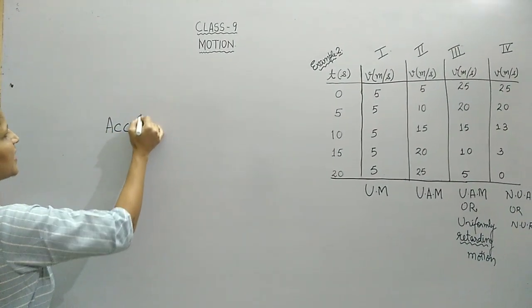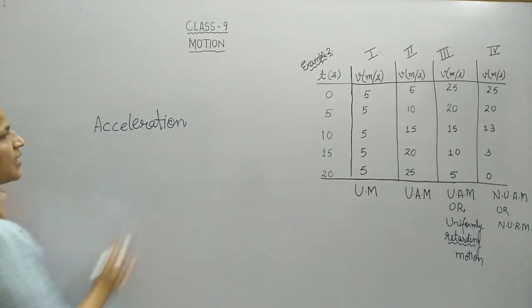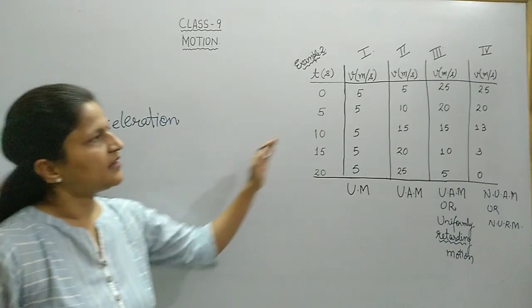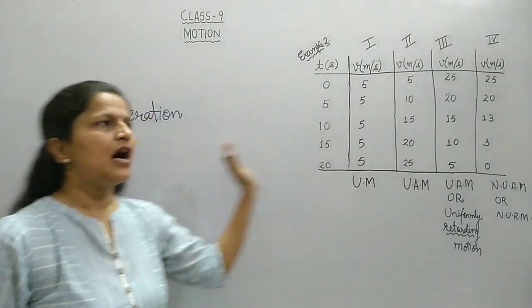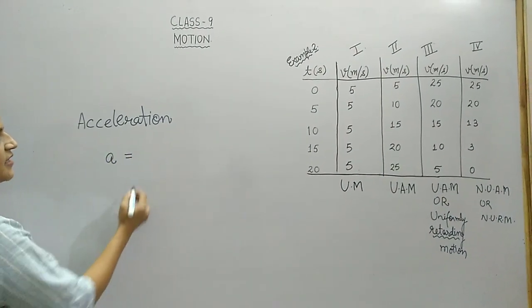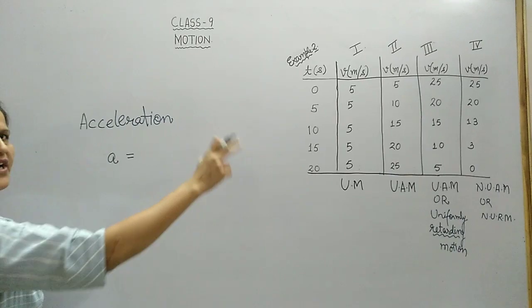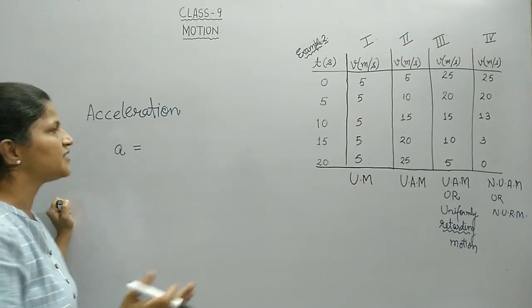So what is acceleration? Acceleration is a physical quantity which comes into play whenever there is some change in the value of velocity. So how do we define acceleration? Acceleration is defined as the change in velocity per unit time, or how fast the velocity is changing.